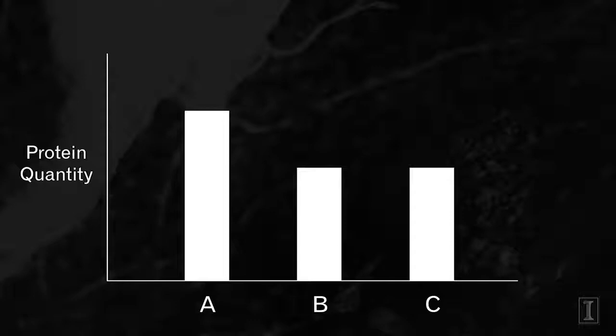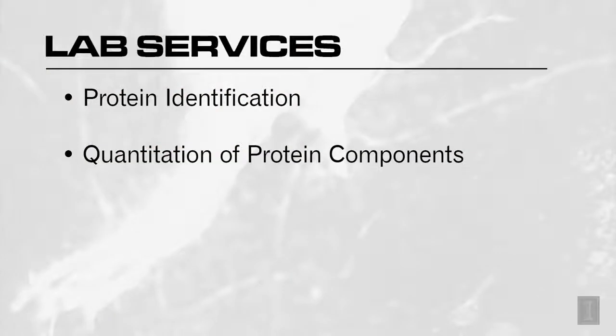Let's say you have 3 components in your sample, depending on the expression of the different components, call them A, B, and C. If level A is high, maybe that would affect the amount of B and affect the amount of C. So understanding the amount of A and B and C in the sample is very, very important. So that's called quantitation.